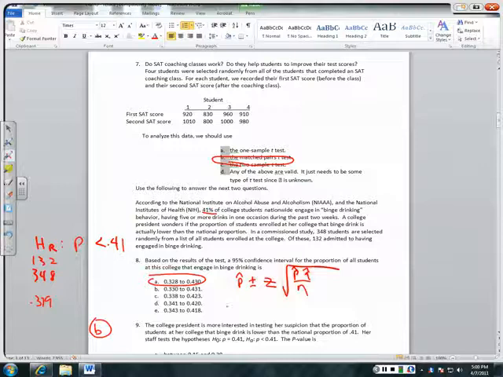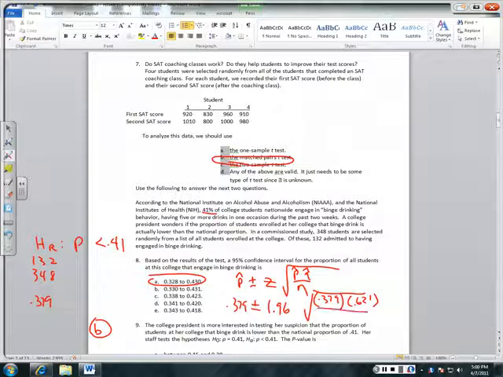So we would have 0.379 plus or minus, for 95% that's 1.96, times the square root of 0.379 and 1 minus that, which is 0.621, divided by the sample size of 348.